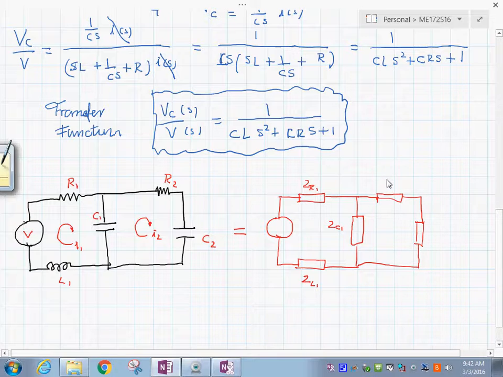And you could state the two equations by doing the loops.